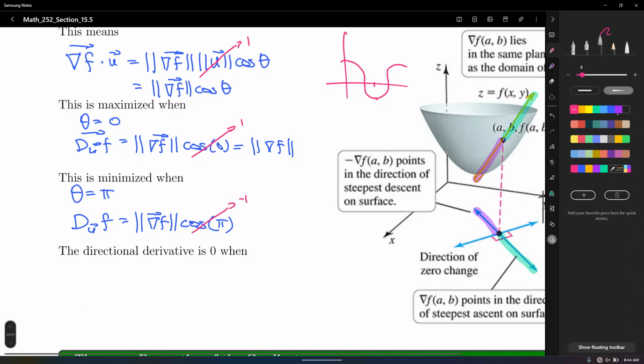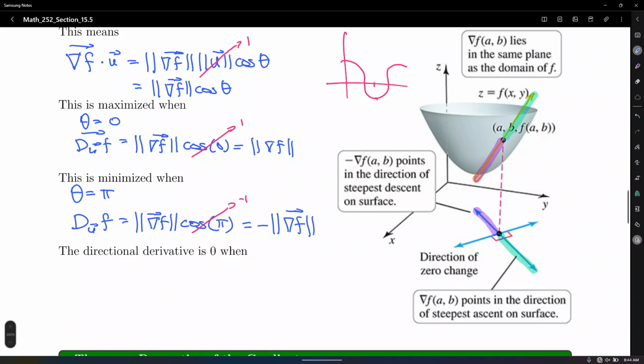Negative 1, which will result in negative the magnitude of the nabla. All right? So what is that going to mean? Well, these are magnitudes, so they are going to tell us the magnitude of steepest ascent and steepest descent.